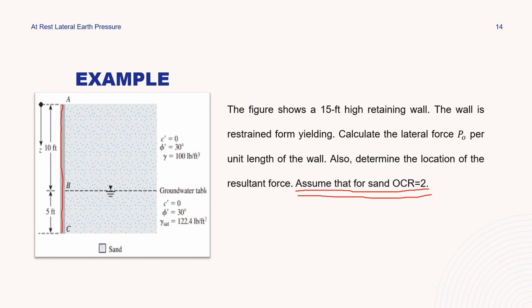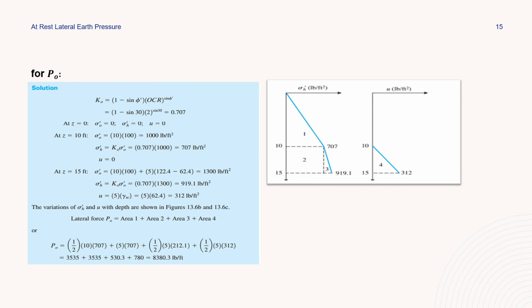So atong given kay ang angle of internal friction is 30 degrees, ang atong dry unit weight sa soil is 100 pounds per feet cube, and ang unit weight saturated is 122.4 pounds per feet cube. So first, atong kuhaon is ang Ko. Importante kini kay kung wala ni dili nato makuha ang lateral earth pressure.